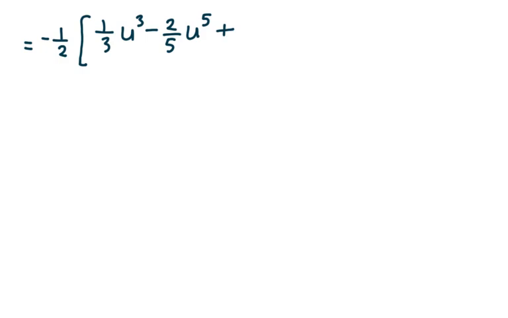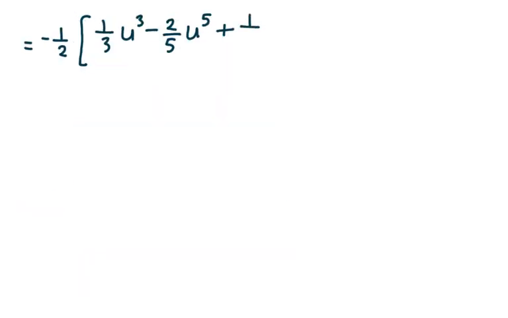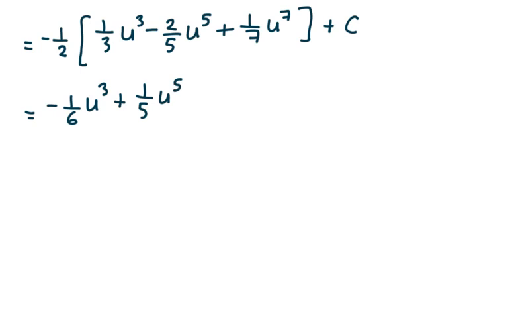Then I'm going to go plus, and then from here, it's 1/7 u to the seventh. And then I'm going to add c. I can distribute that negative inside. So I get negative 1/6 u to the third plus 1/5 u to the fifth minus 1/14 u to the seventh plus c.